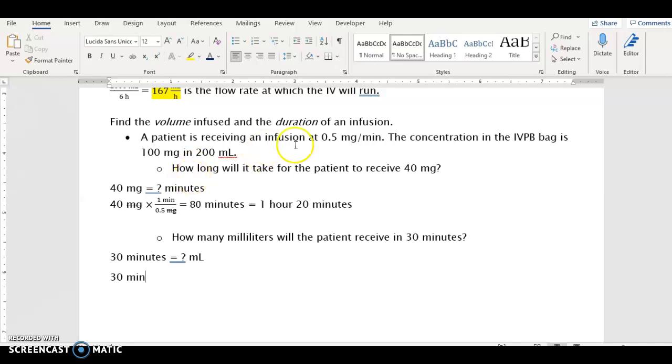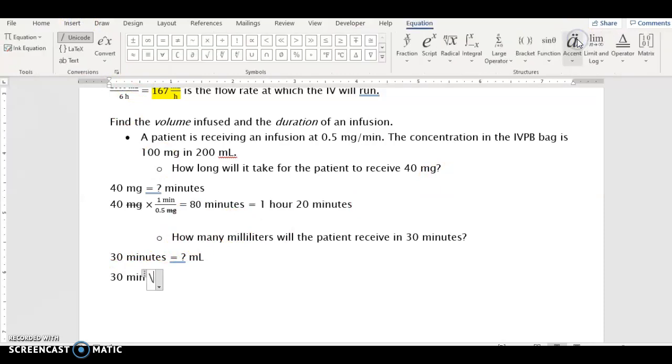And because the patient is receiving the drug at a rate of 0.5 milligrams a minute, let's go ahead and convert that into milligrams first. So we're going to multiply by 0.5 milligrams over 1 minute. So we eliminate the units of minutes.